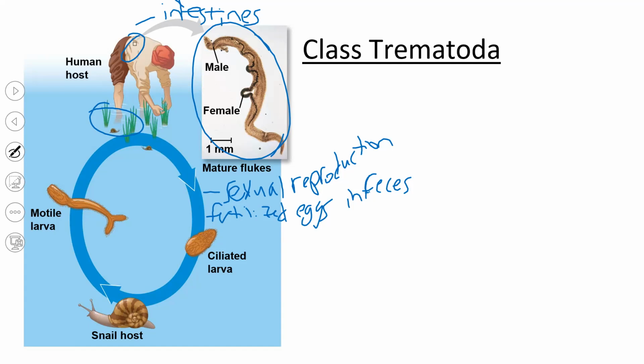So then that can end up in a water supply where the eggs develop into a ciliated larva in the water, and the snails pick up those ciliated larvae. So the snail is what we call the intermediate host.